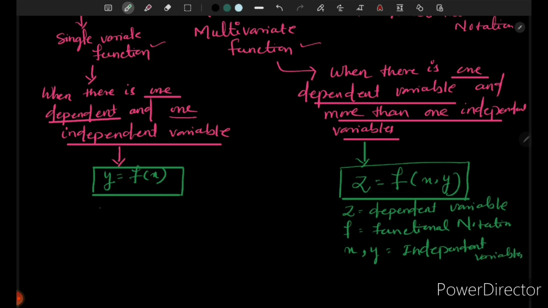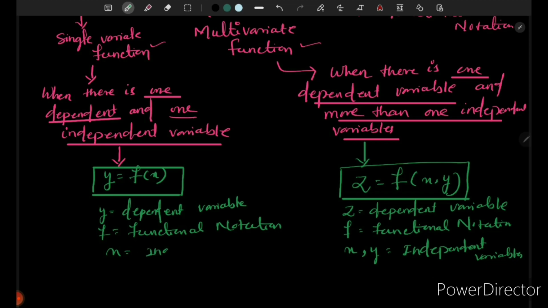So here you can say y equals to dependent variable, f again functional notation, and x is independent variable.